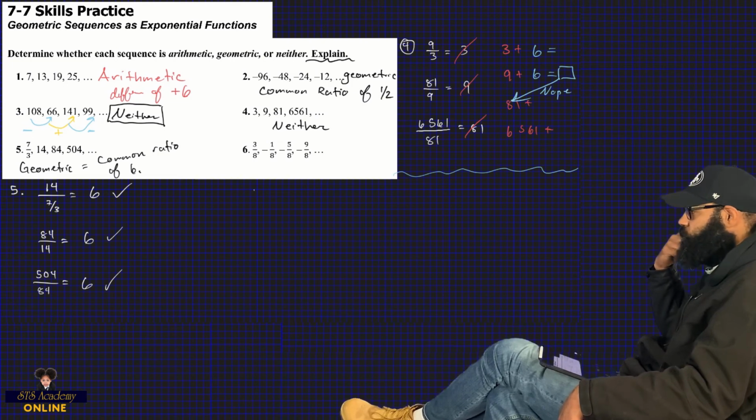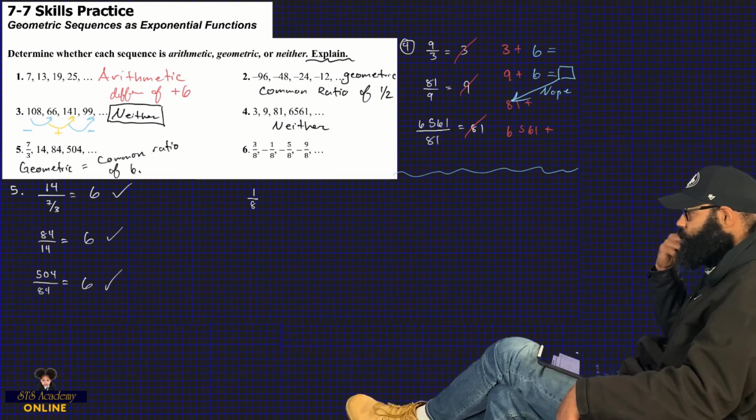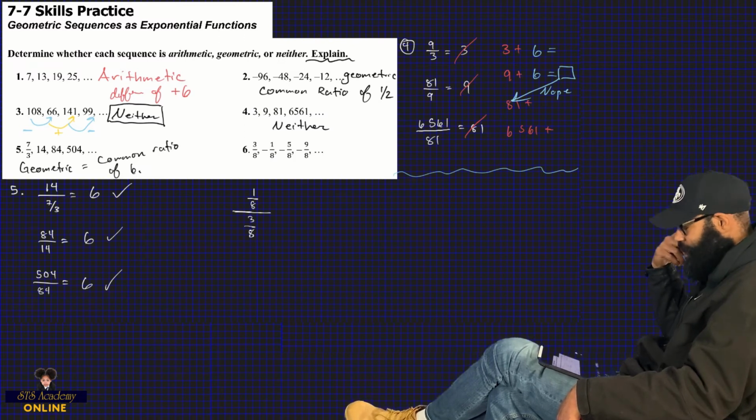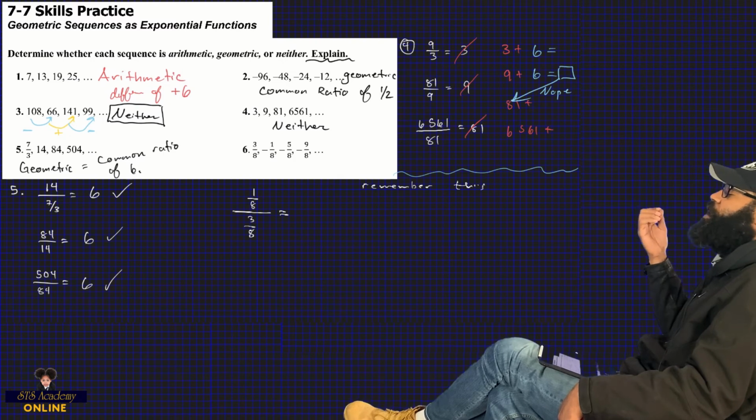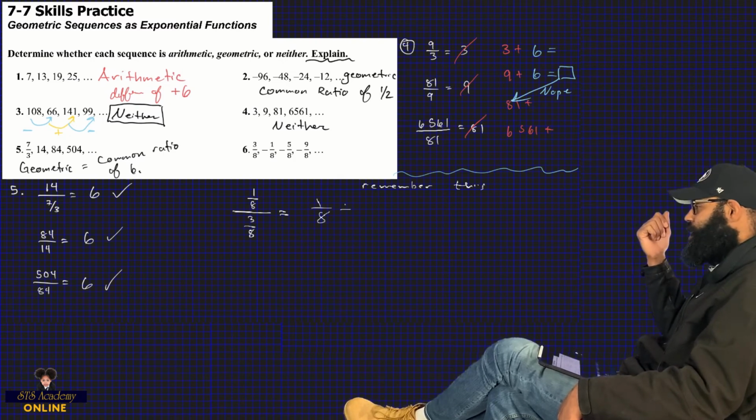Last one looks like number 6. 1/8, and gotta love a fraction divided by a fraction. And again, guys, no, I don't remember this. 1/8 divided by 3/8 becomes 1/8 times 8/3.